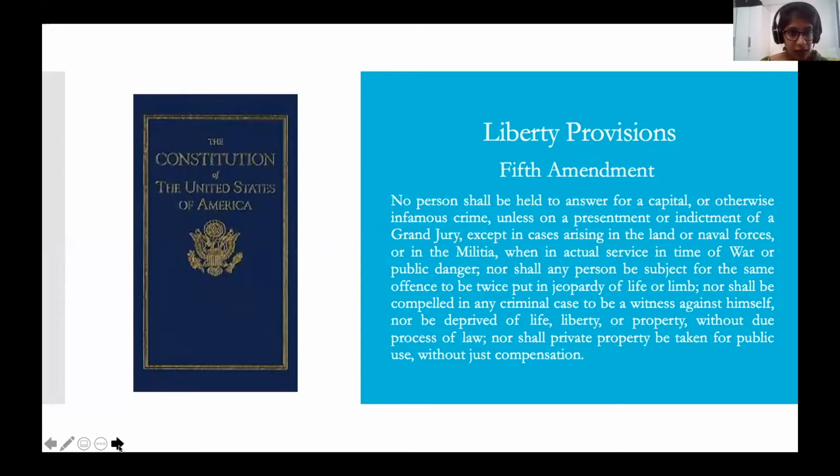In the Fifth Amendment, the Liberty Clause starts with: no person shall be held to answer for a capital or otherwise infamous crime unless on a presentment or indictment of grand jury, except in cases arising in the land or naval forces or in the militia, when in actual service in time of war or public danger, nor shall any person be subject for the same offense to be twice put in jeopardy of life or limb, nor shall be compelled in any criminal case to be a witness against himself, nor be deprived of life, liberty, or property without due process of law, nor shall private property be taken for public use without just compensation. It's the last bit that's relevant.